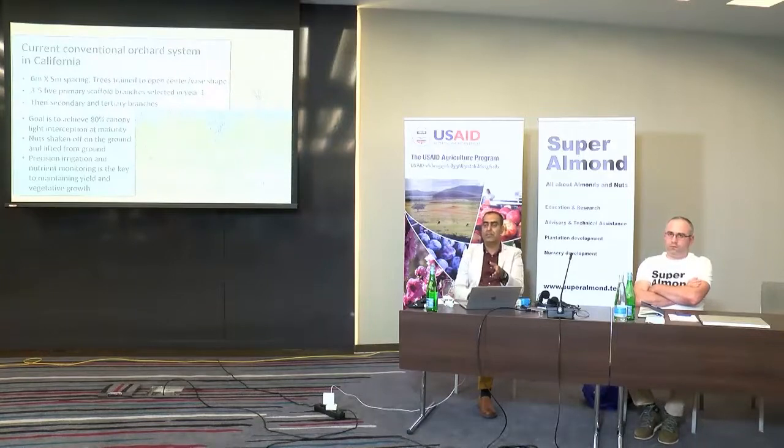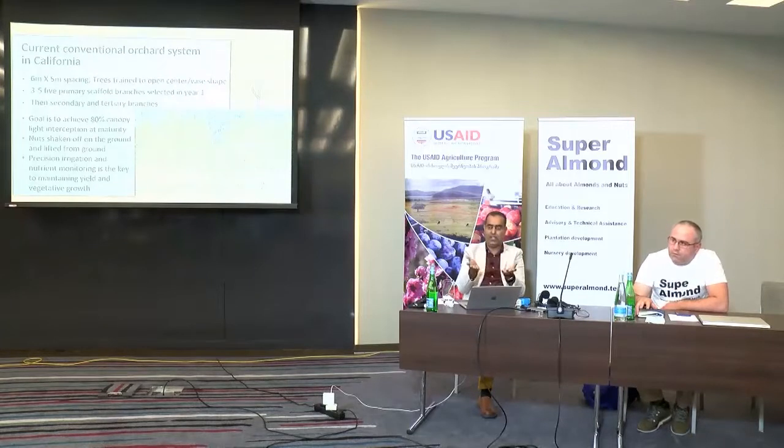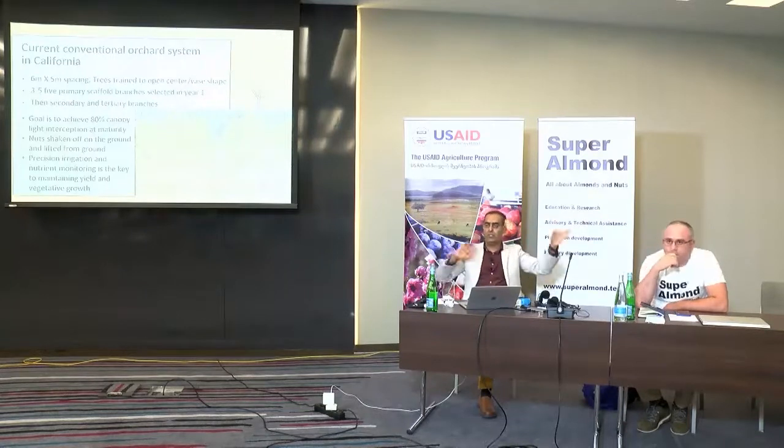They broke it down to how much nitrogen in grams each tree needs, because in the conventional high density in California, like 6 meter by 4 meter, for example, the young trees in year 1, year 2, year 3, when their canopies are not touching each other, you can deal with them on a per tree basis, because every individual tree is growing on its own.